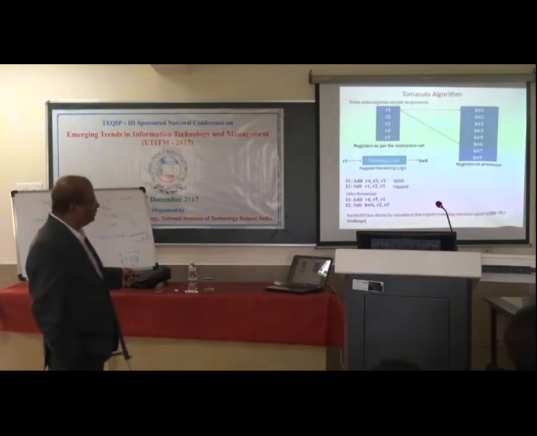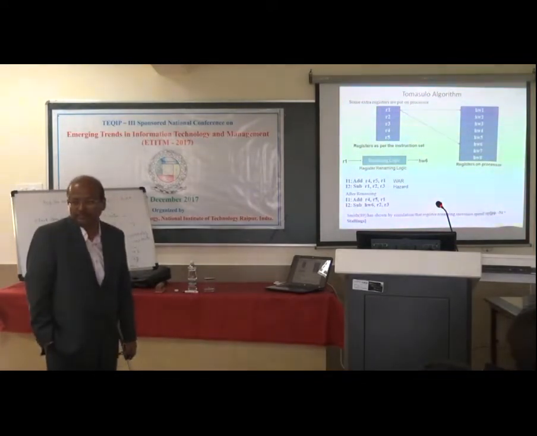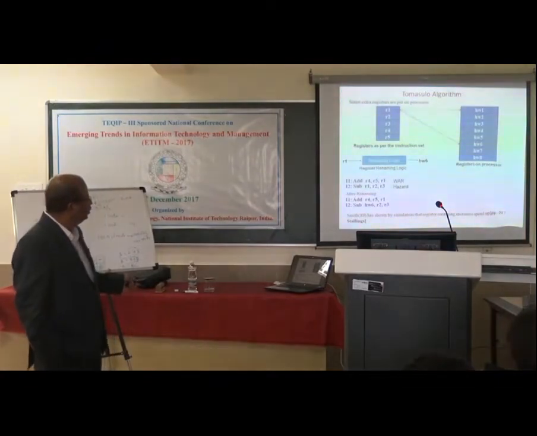What will happen? This is called a write after read hazard. That means R1 is read first and then it is written. Suppose this statement I2 is very fast. Then this value of R1 will come here in I1.